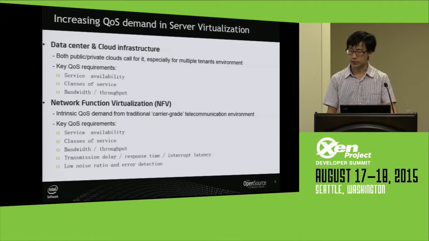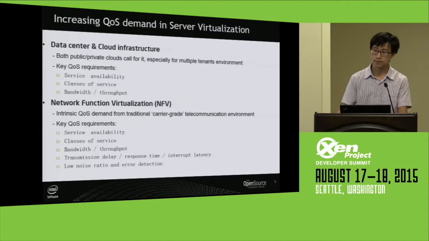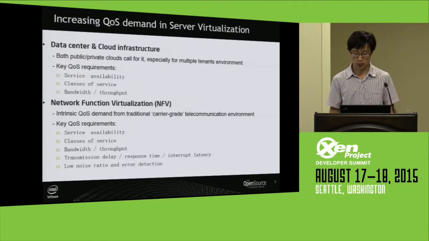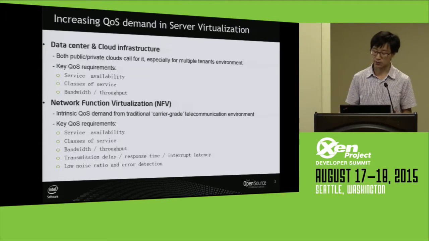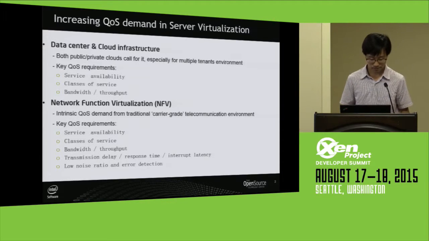In the past, it was achieved by using some optimized dedicated system. Now, after they migrated to the virtualized environment, the same, or at least the same, QoS requirement should be guaranteed. So the QoS requirement for virtualization has changed from better-to-have in the past to a must-have nowadays.